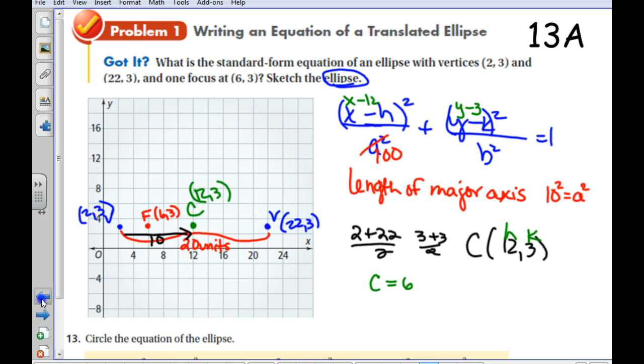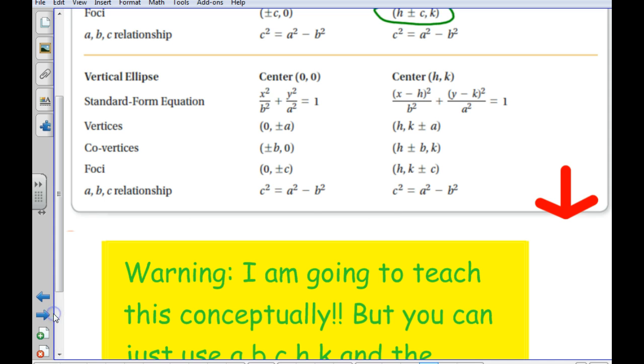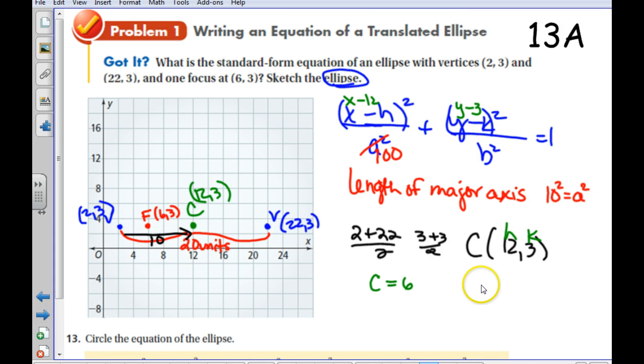Just to double check, what kind of an ellipse are we dealing with? Horizontal or vertical? It's going this way. That's horizontal, right? It says here the foci are at (h plus or minus c, k). Equals the focus.